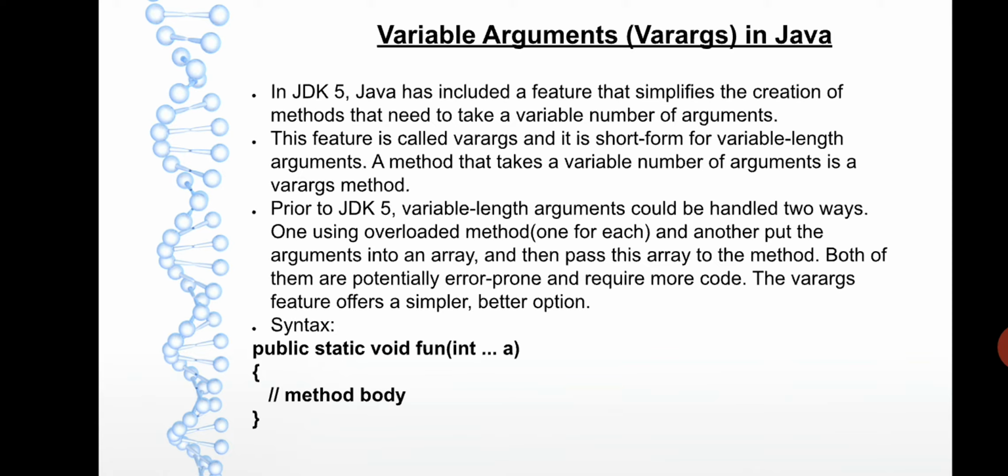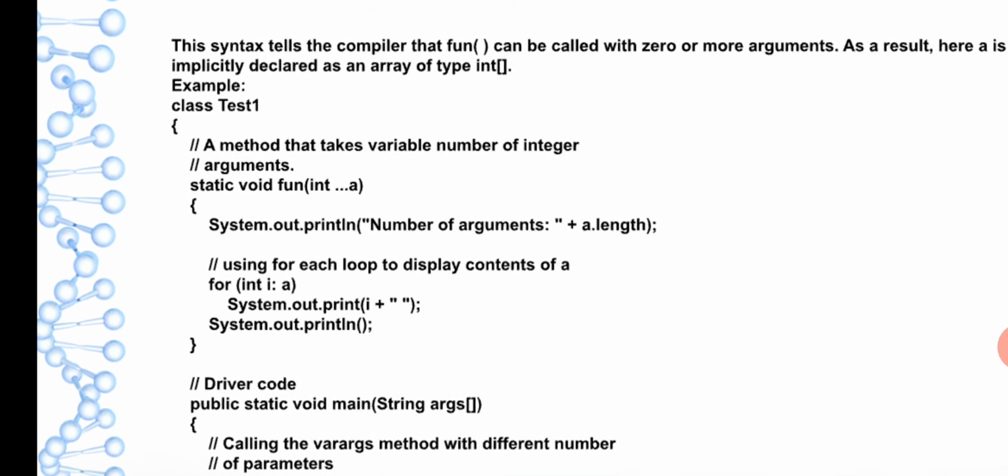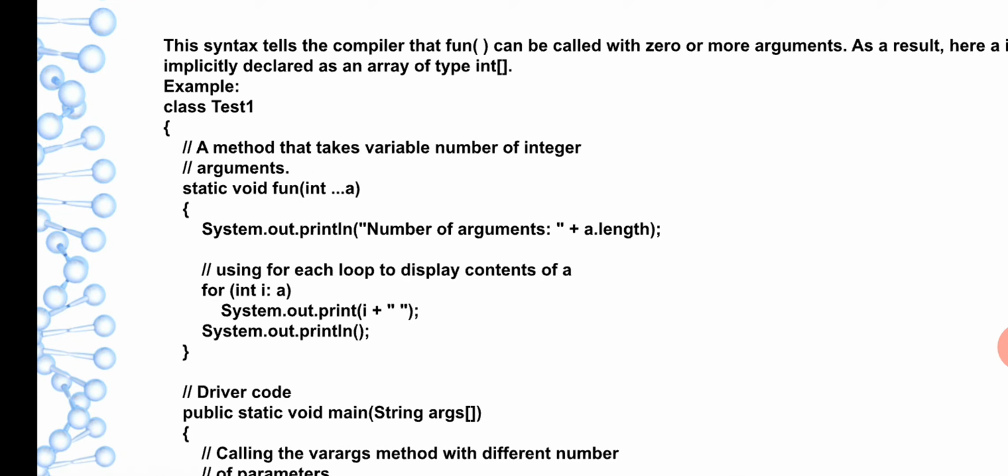Fine. Now you can see the syntax over there. It is public static void func. Inside the parameter list, what you have, int followed by 3 dots followed by a. Next you have the method body. Now how exactly it works we will see in the next slide. So here the syntax tells the compiler that fun can be called with 0 or more arguments.